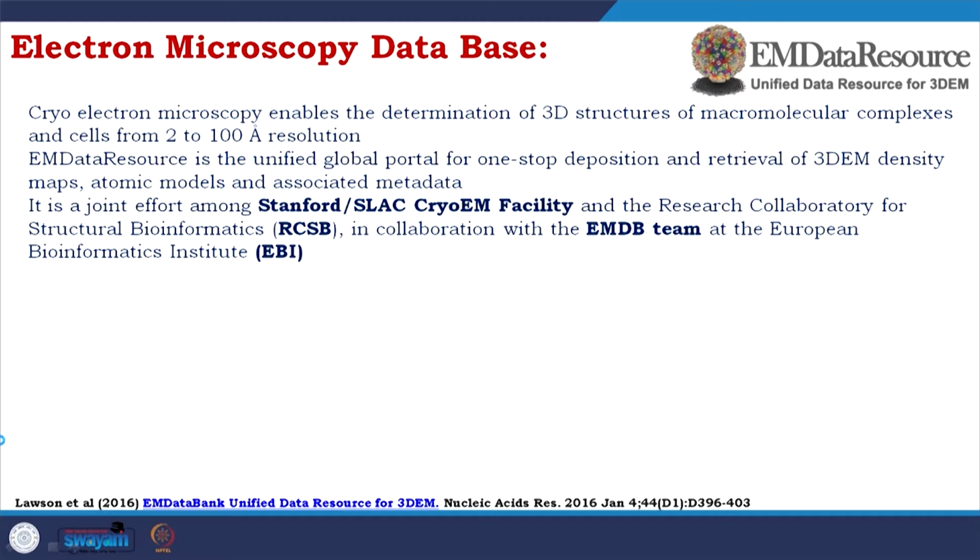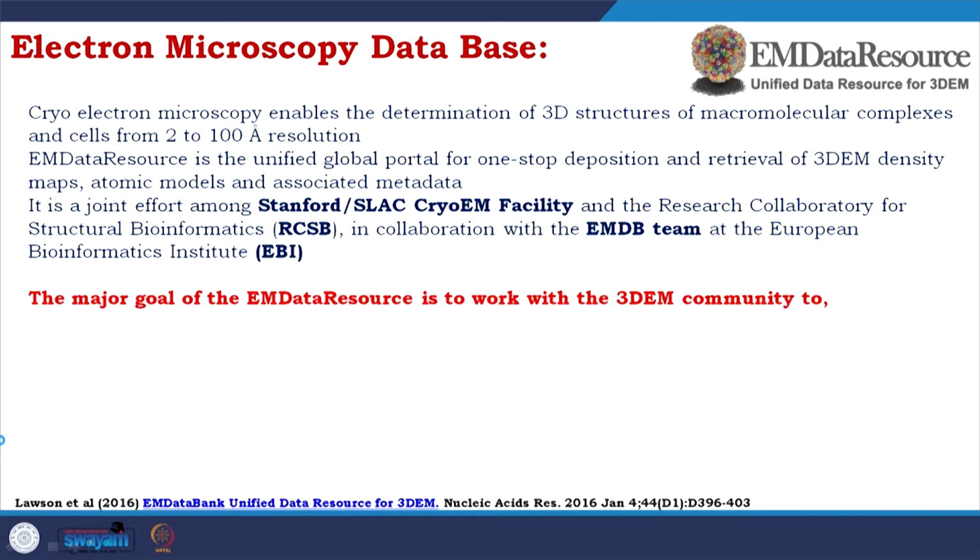It is a joint effort among the Stanford SLAC Cryo-EM facility and the Research Collaboratory for Structural Bioinformatics, which is RCSB, in collaboration with the EMDB, the electron microscopy database team at the European Bioinformatics Institute or EBI.